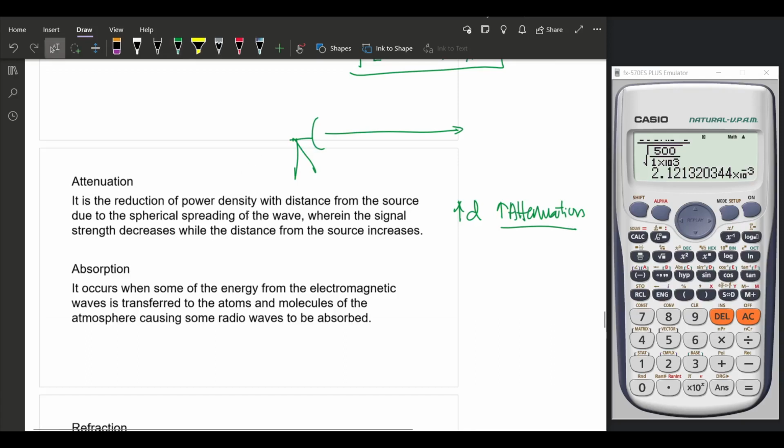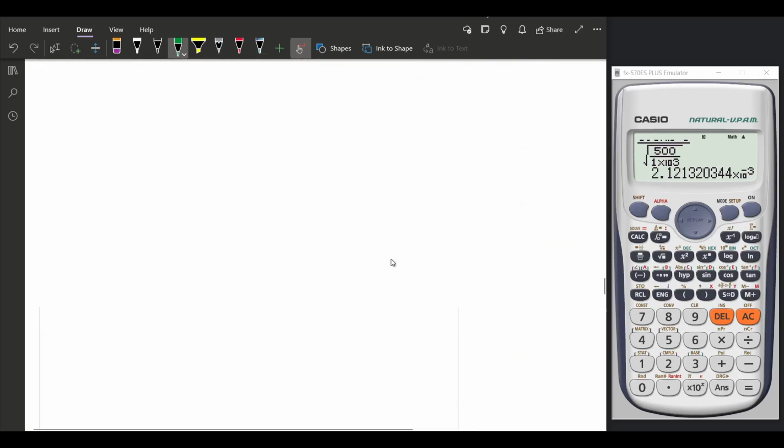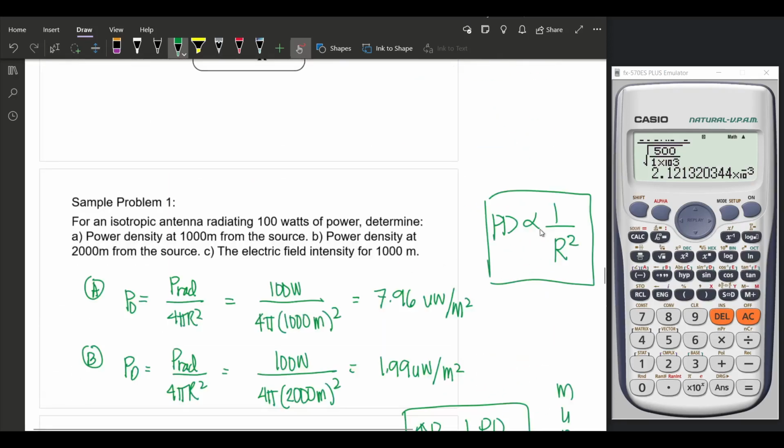Yung parang spreading. So sabi dito, this is due to the spherical spreading of the wave wherein the signal strength decreases while the distance from the source increases. Kaya din dito, sa power density, kapag nag-i-increase tong distance natin from the source, lumiliit yung power density. Humihina yung signal.